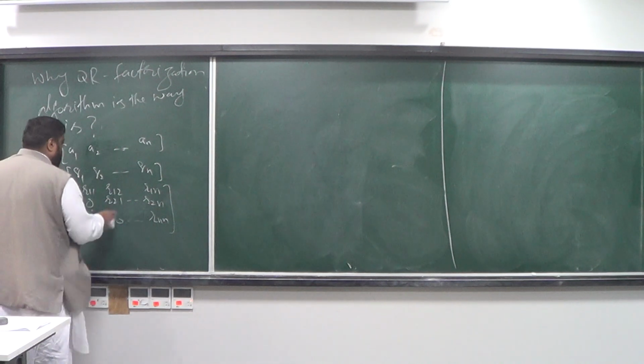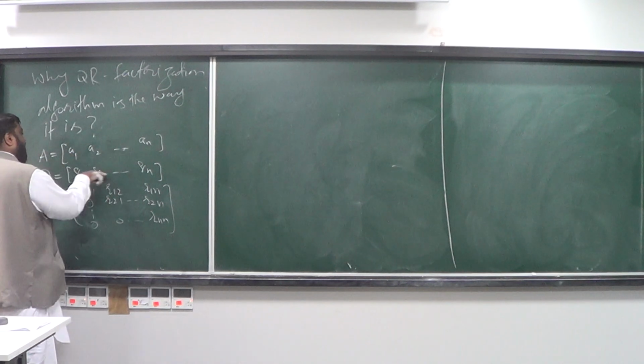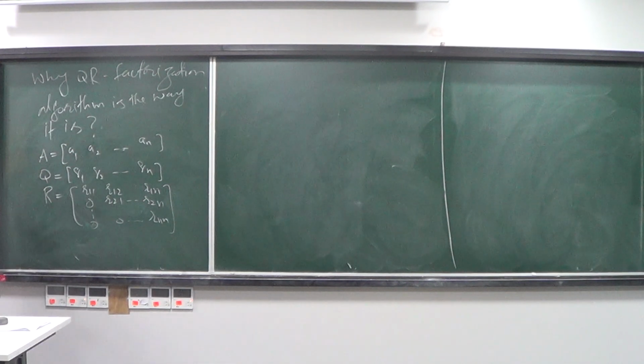These are numbers, while A1, A2, An and Q1, Q2, Qn are the column vectors actually.